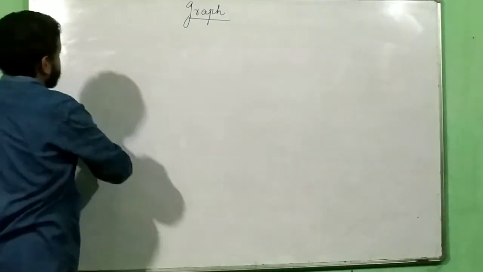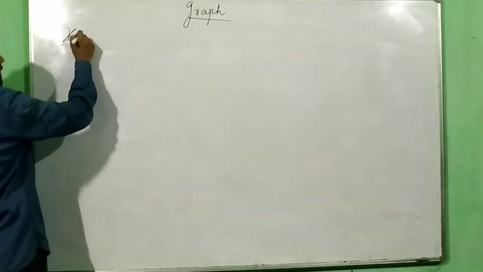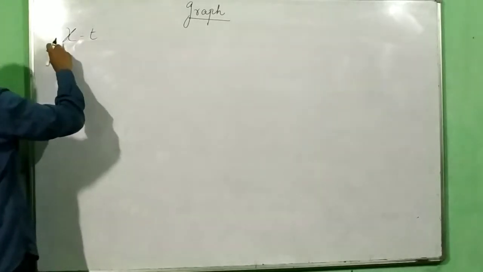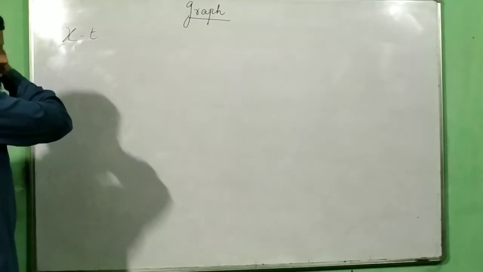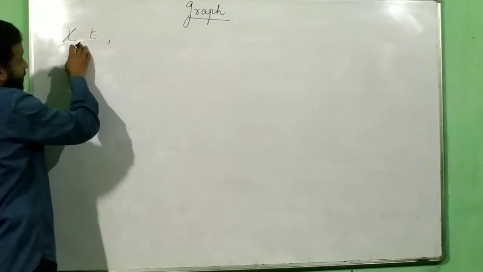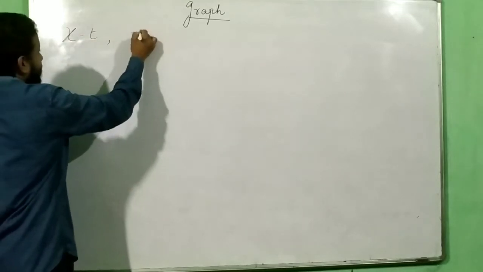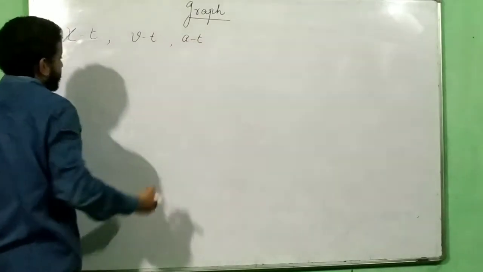For example, we are going to study graphs in three segments. I write this as X, more famously known as the displacement time graph. It is the distance time graph or displacement time graph. I will tell you the differences also. So we are going to study the displacement time graph, then the velocity time graph, and then the acceleration time graph.